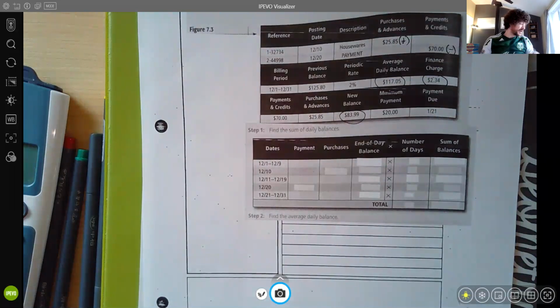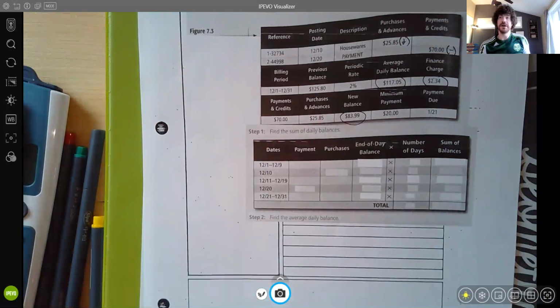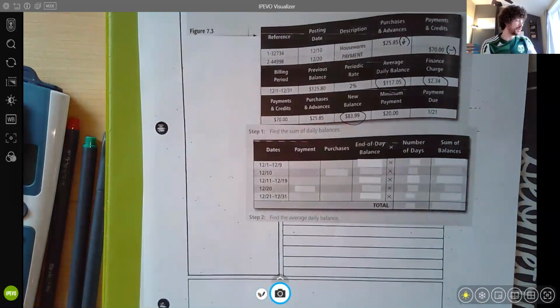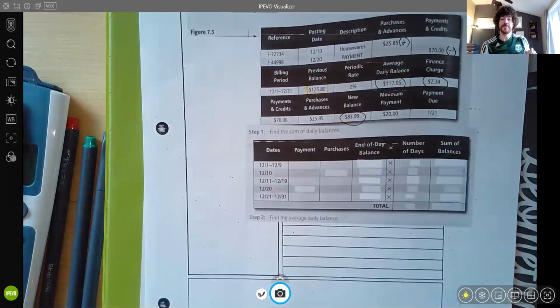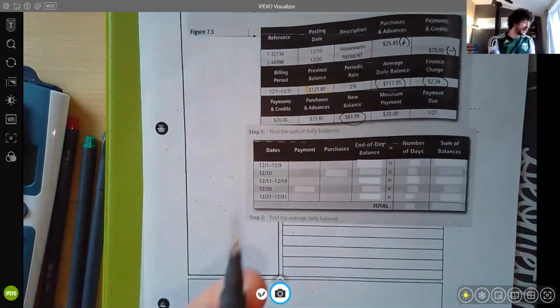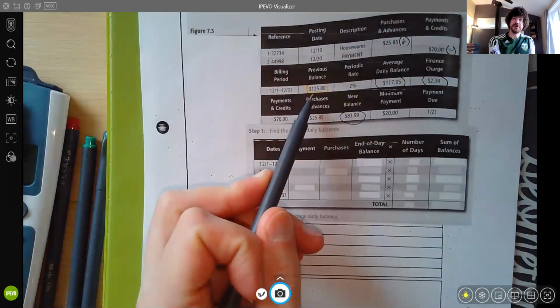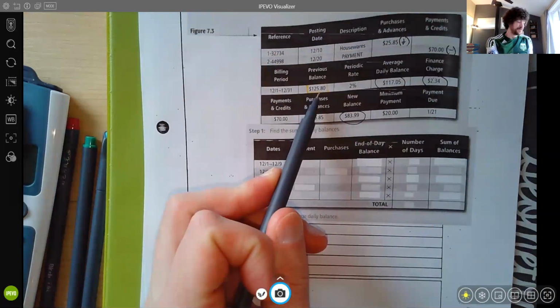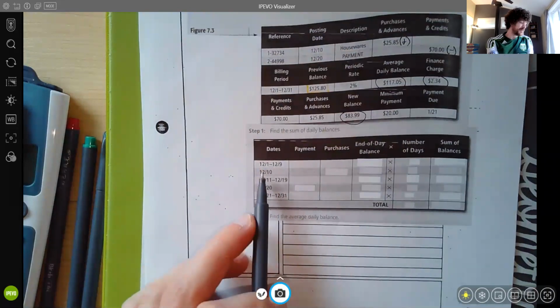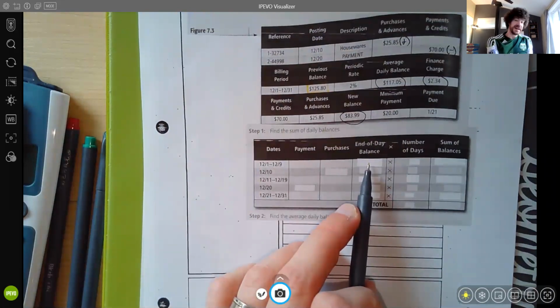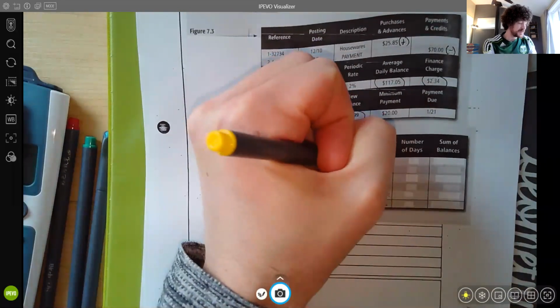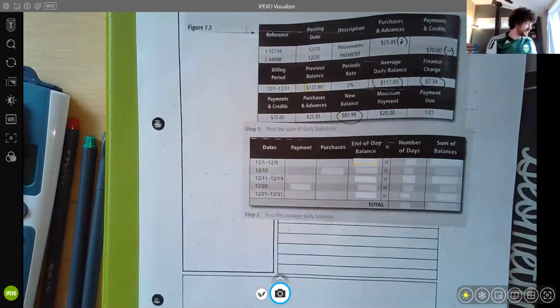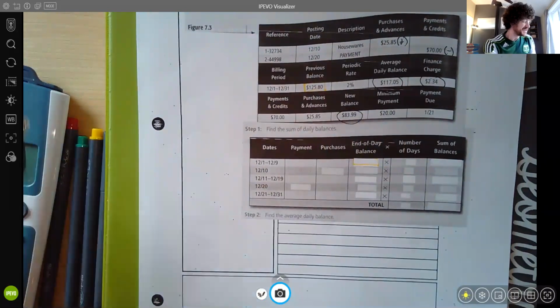Now, the starting value of that account for the month of December was right here, the 125.80. It's the previous balance. And so what we're looking at here is this is the balance that carried over, meaning that the end of the day balance for the first 9 days was exactly the same every single day. It was that 125.80.